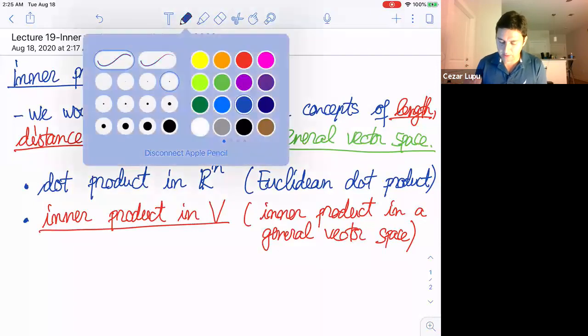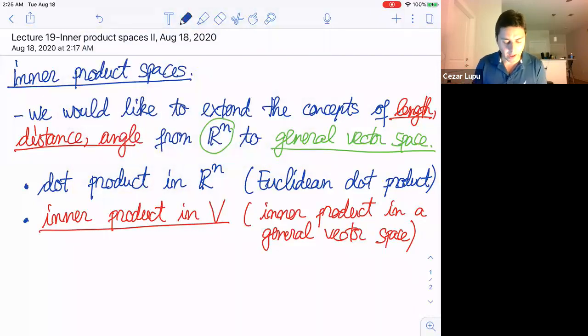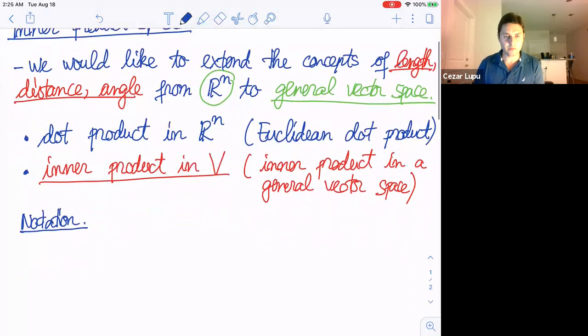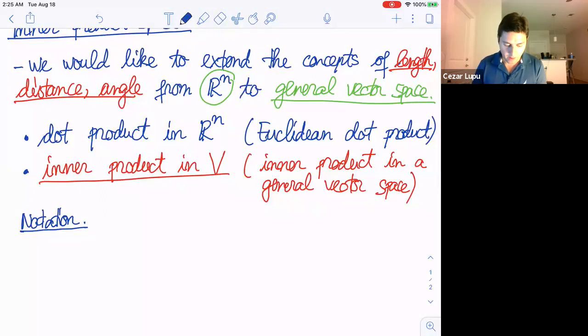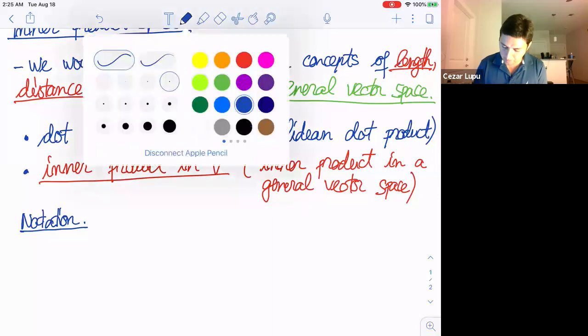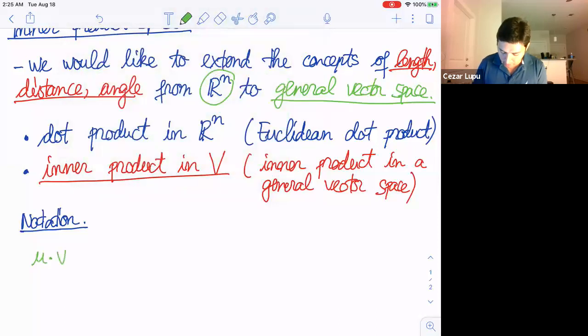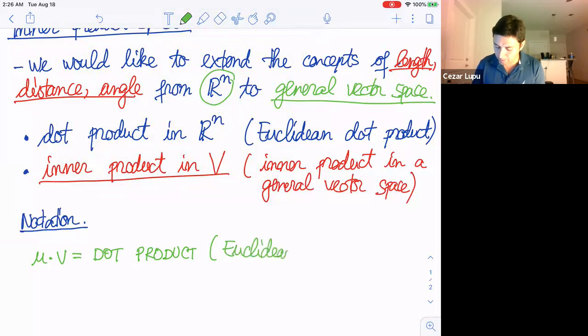And now, because I want to distinguish between the two right from the beginning, I would like to make a notation so that it's quite clear how to distinguish between the dot product in Rn and the inner product in a general vector space. So this will be u dot v. As you have seen, this is the dot product, and I mean the Euclidean dot product in Rn.